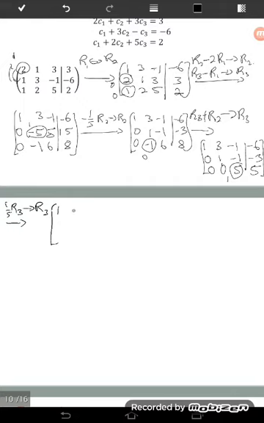So I have 1, 3, negative 1, negative 6, 0, 1, negative 1, negative 3. Then 0, 0, 0 times 1 over 5, 0. 0 times 1 over 5, 0. Then 5 times 1 over 5 is 1. And again here 1.